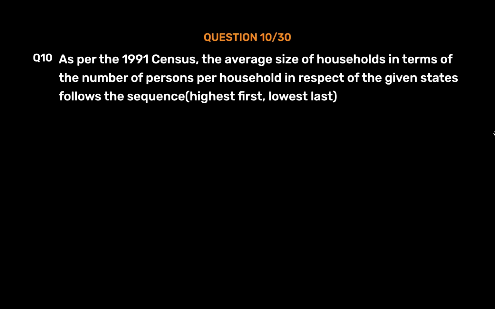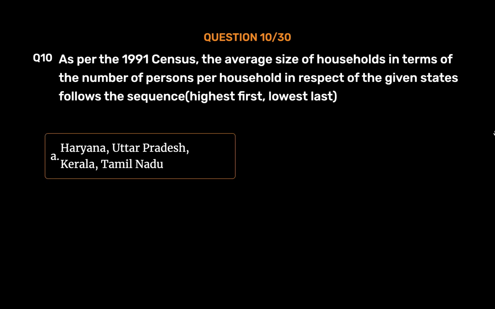Question number 10. As per the 1991 census, the average size of households in terms of the number of persons per household in respect of the given states follows the sequence highest first, lowest last. Option A. Haryana, Uttar Pradesh, Kerala, Tamil Nadu.